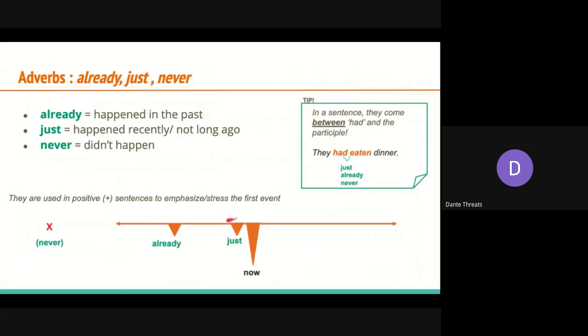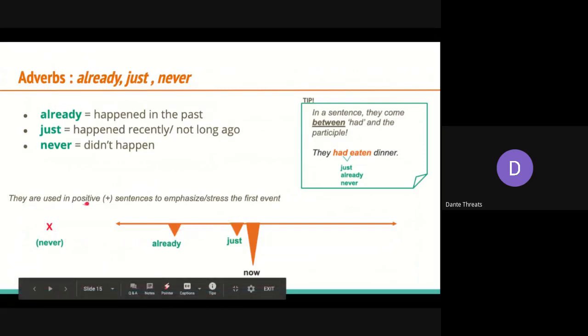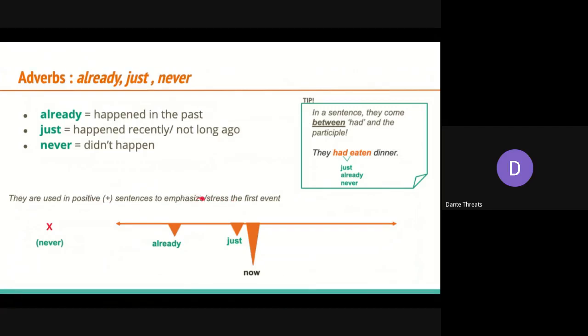Okay? They are used in positive sentences to emphasize or stress the first event. Remember that in a sentence, they come between had and the past participle, right? For example, they had just eaten dinner.